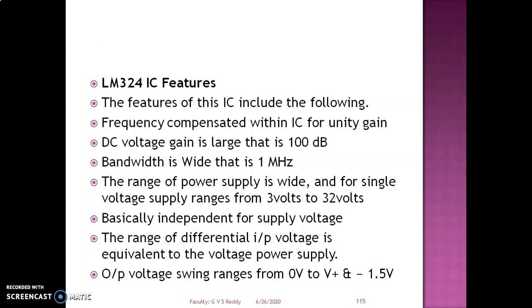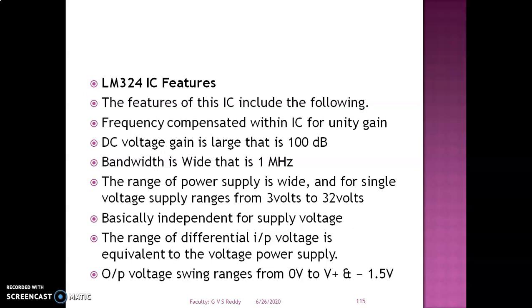LM324 IC features: the frequency is compensated within the IC for unity gain, and the DC voltage gain is large, that is 100 decibels. The bandwidth is very wide, that is 1 megahertz. The range of power supply is very wide, and for a single voltage supply it ranges from 3 volts to 32 volts, basically independent of supply voltage.